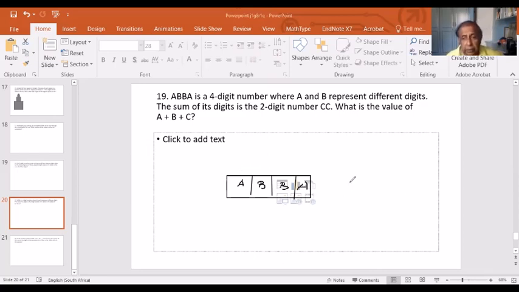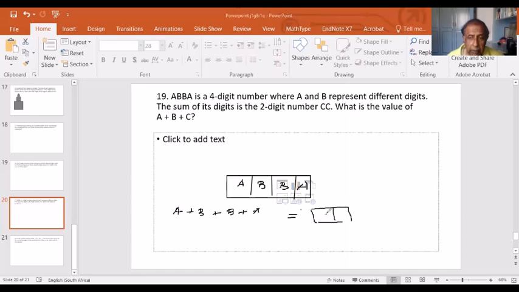Okay, let's add these 4 numbers. You get A plus B plus B plus A. The sum of its digits is a 2-digit number, CC.